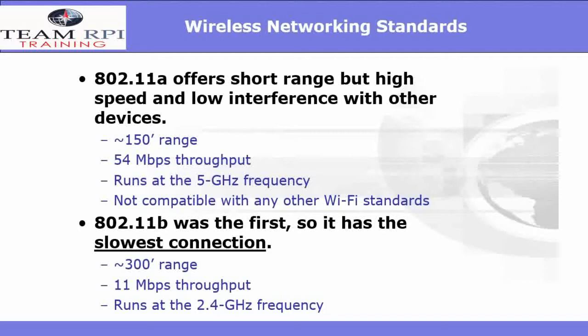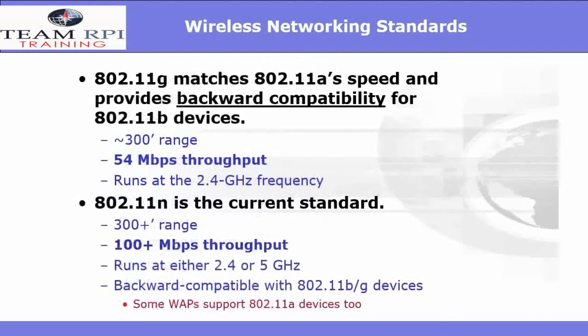It is the slowest of all the wireless standards at 11 megabits per second and operates on the 2.4 gigahertz frequency. Next, we have 802.11g. It matches 802.11a speed at 54 megabits throughput, and it is also backwards compatible with 802.11b.